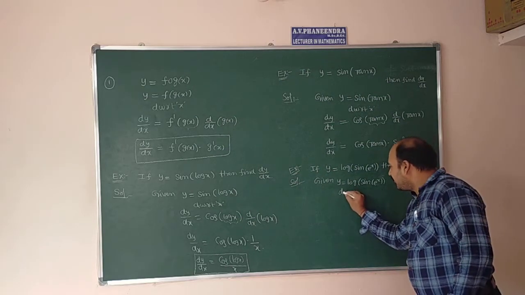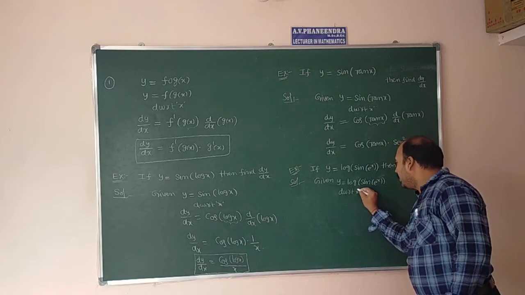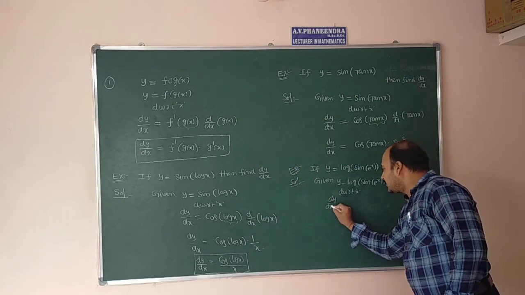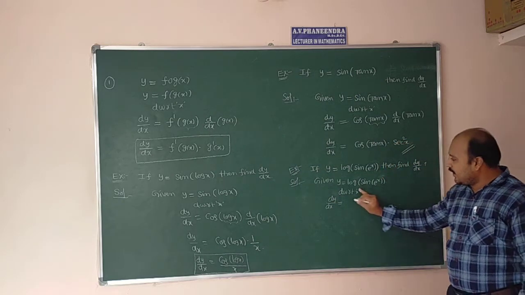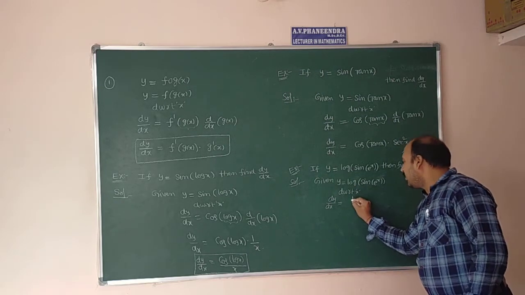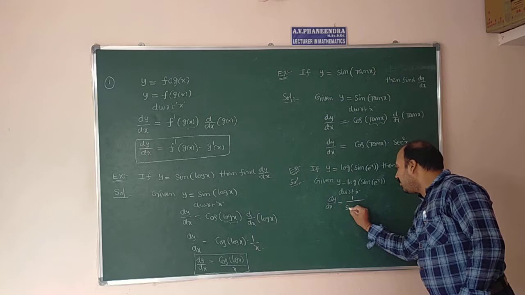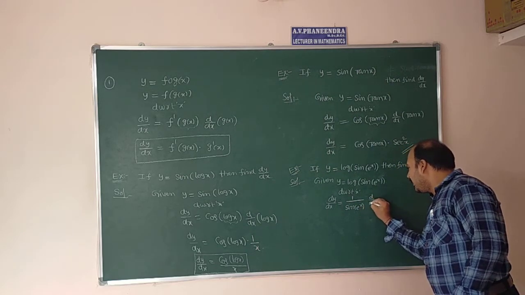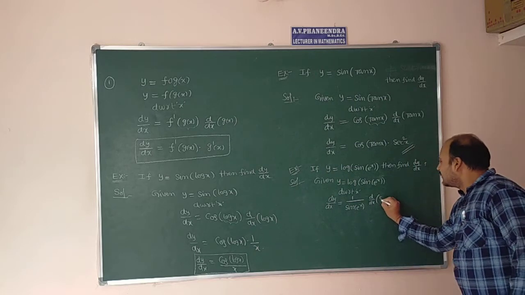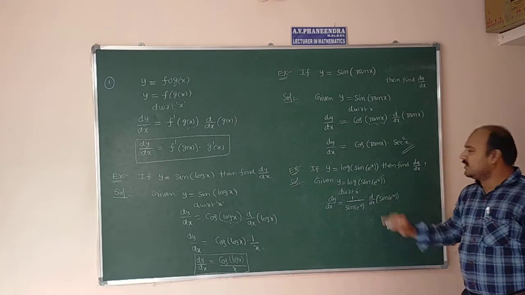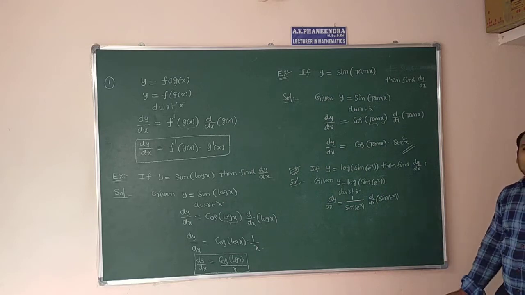So first step, differentiate with respect to x. dy by dx is equal to d by dx of log of sine of e power x. That is 1 by sine of e power x into d by dx of sine of e power x. Whatever the function is involving in this, that we are differentiating now.